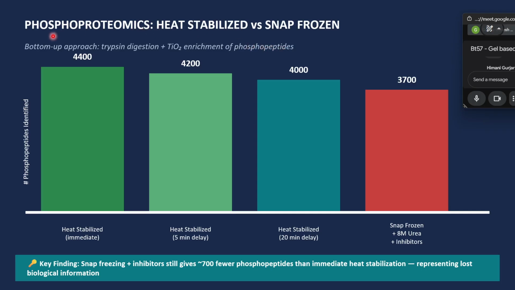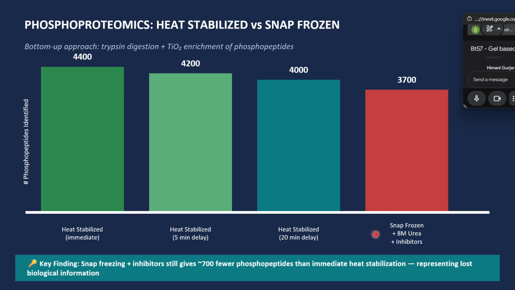They also did phosphoproteomics and tried to check heat stabilized versus snap frozen. Generally people snap freeze it and hope that it will give you the same amount of proteins which are present in the sample. But what they found is that when you heat stabilize it immediately, they found a much higher amount of phosphopeptides compared to the snap frozen ones.